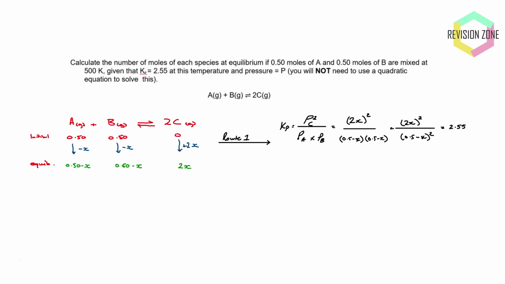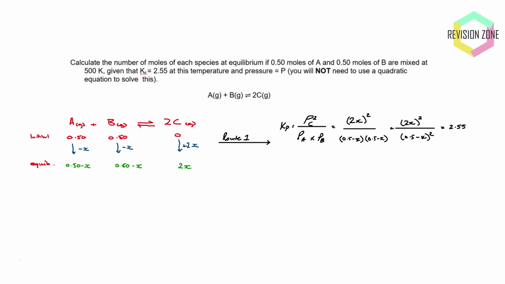Now, instead of going down a quadratic route, we can just take the square root of both sides because both numerator and denominator are squared. So if I square root that, I essentially get rid of the squareds. And then I square root 2.5. Whatever you do to one side, you must do to the other.